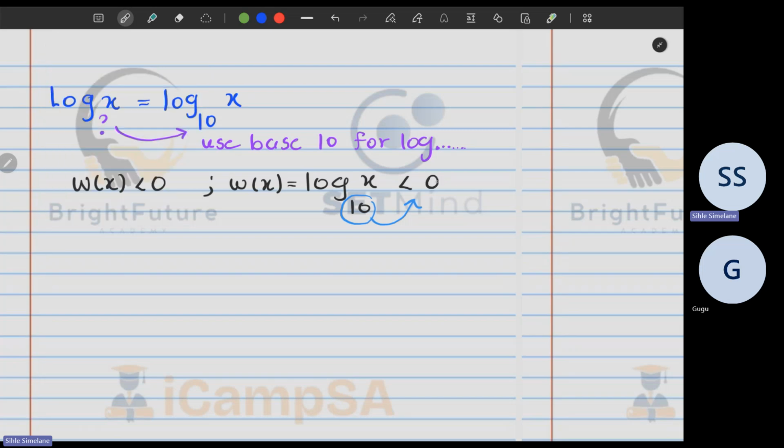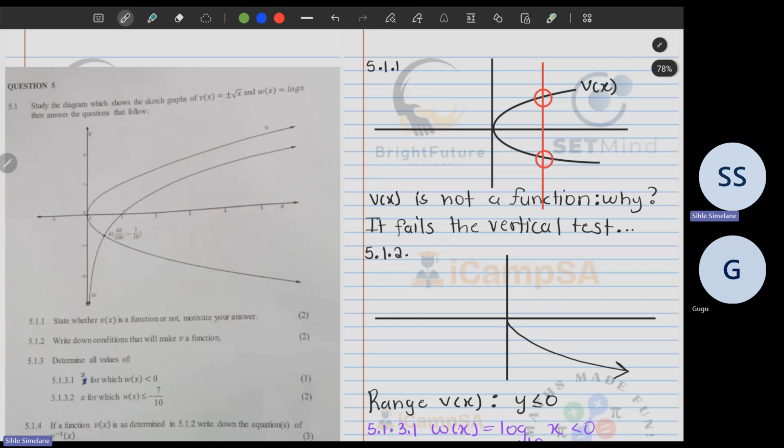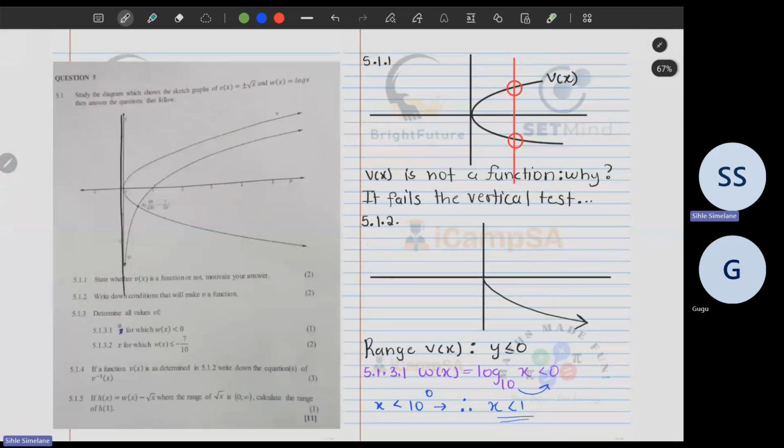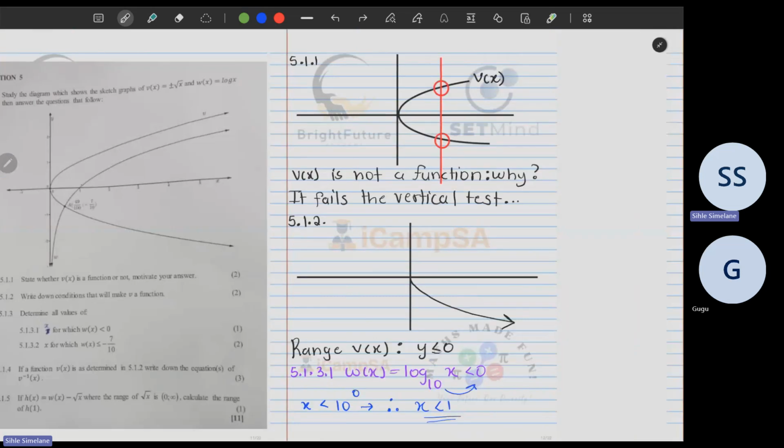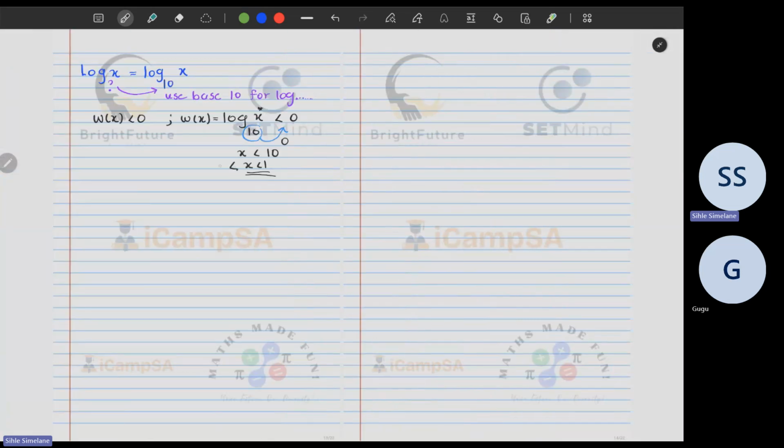You take the base, you make it the base of the other side, then you leave whatever is here, meaning x less than 10. Then now 10 becomes the base. What was there becomes the exponent. 10 to the power of 0 is 1, so x becomes less than 1. But then we need to be mindful of the fact that our graph really can't touch that x is equal to 0 line. So we can even say, but greater than 0. So that becomes our answer.